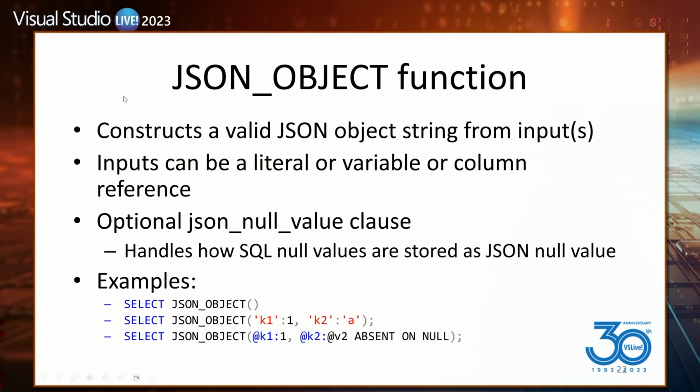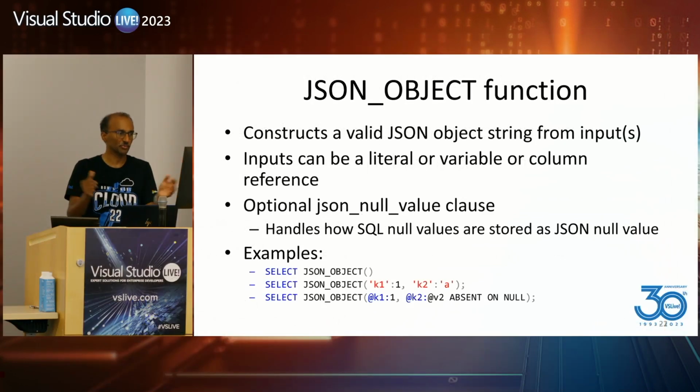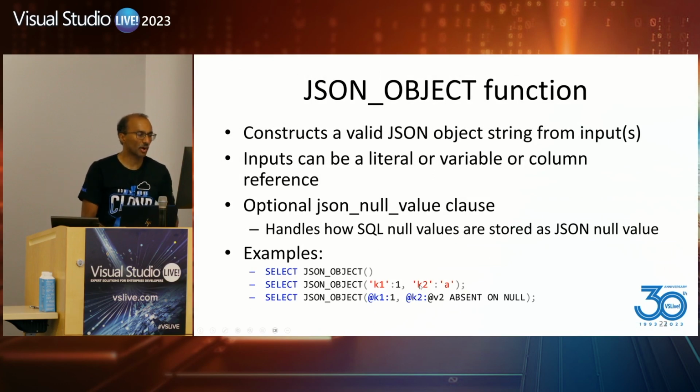So this is how you would use it. You can use it without any parameters, in which case it's going to give an empty JSON object. Or you can give some optional parameters like this. You specify a key name and a value, and it can be many of them.